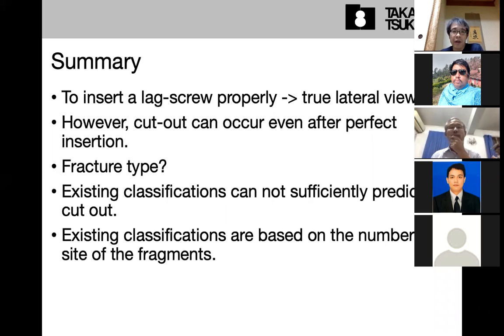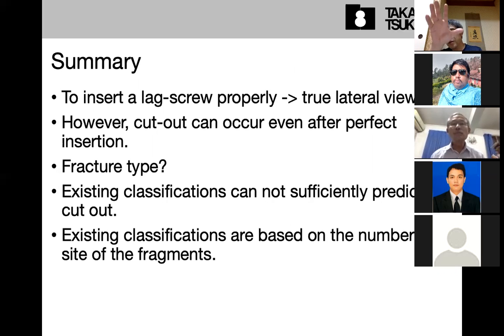For example, the main parts are the head, greater trochanter, minor trochanter, and shaft. Both two-dimensional and three-dimensional classification systems consider which parts are included in each fragment.